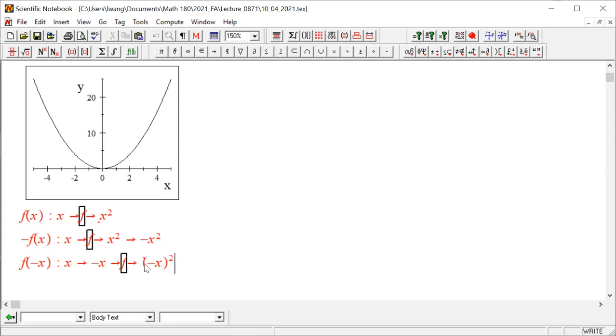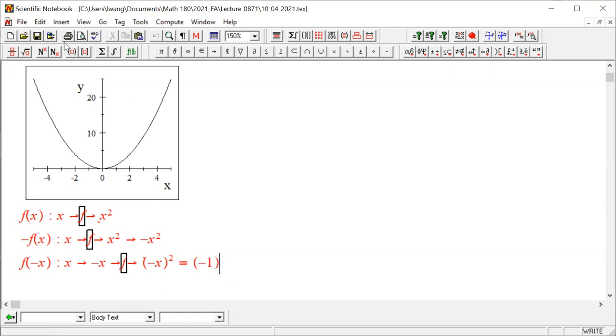You guys see the difference? So when you find the opposite of the input versus the opposite of the output, the consequential output may or may not be the same. In this case, they're not the same. For example, negative x squared, what would that be?